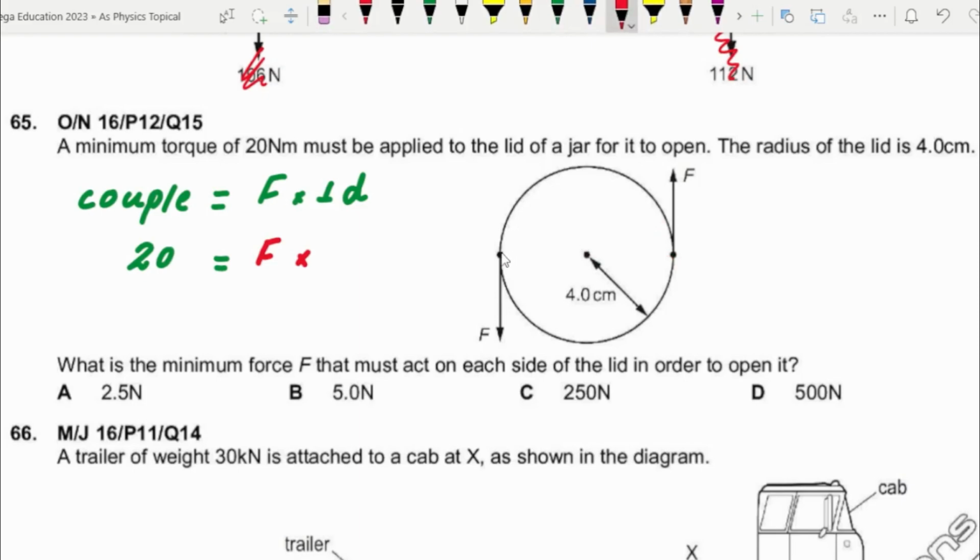That would be the diameter of the circle. So F times 0.08. And what do you do in the next step? Solve it for the value of F, and F equals 20 over 0.08. Then you hit it on the calculator.